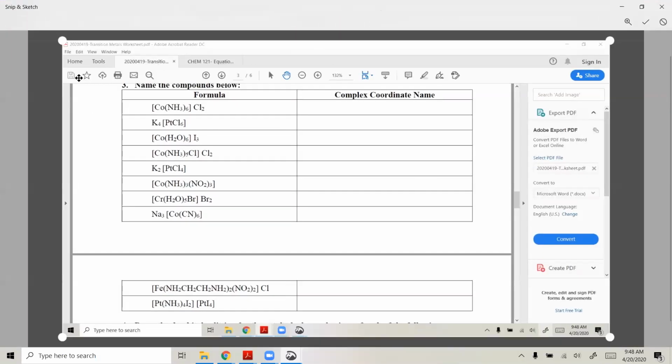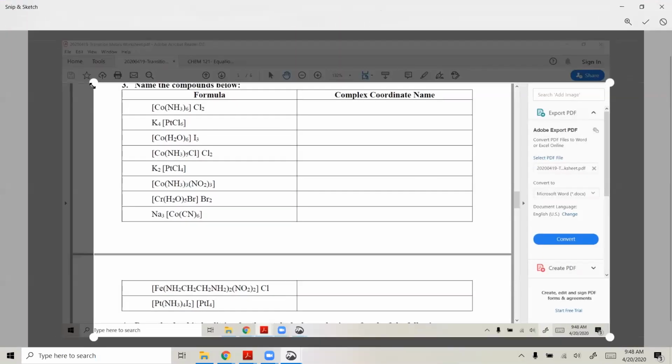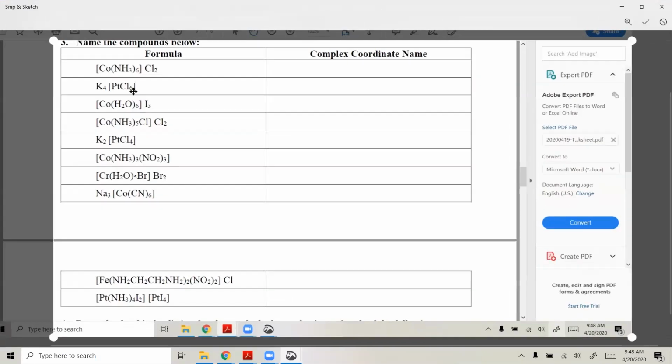So we're going to go through and name our potassium one.